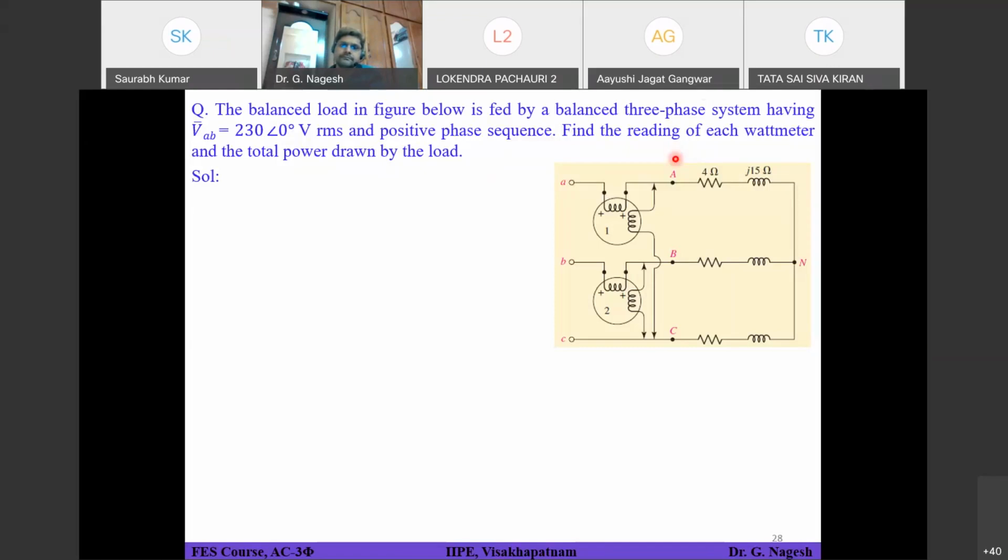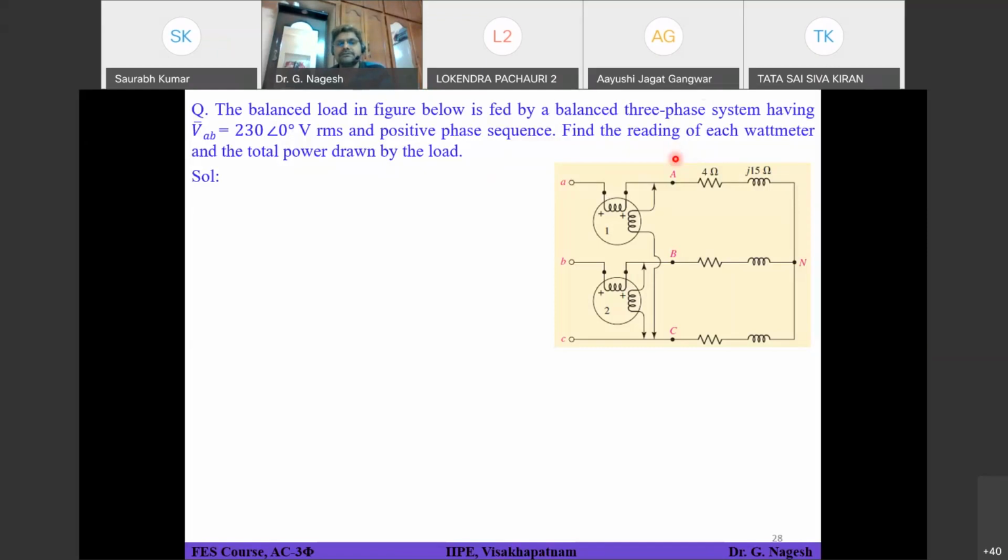Sir, 8.55 at an angle of minus 105. Okay, 8.55 at an angle of minus 105. So that is your current IA. Right. So what about voltage VAC?